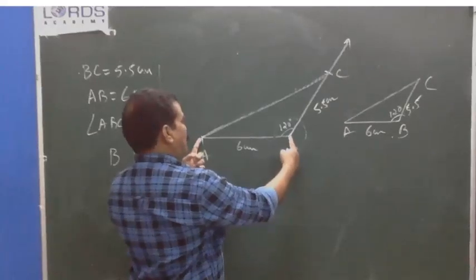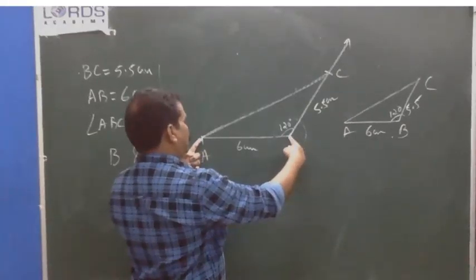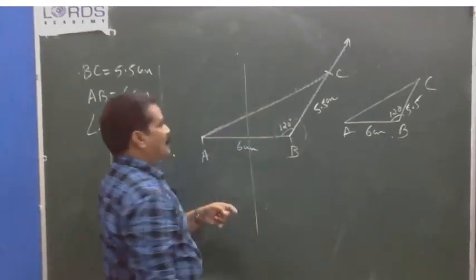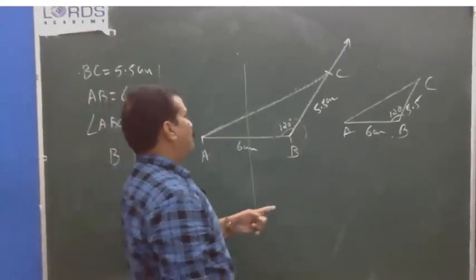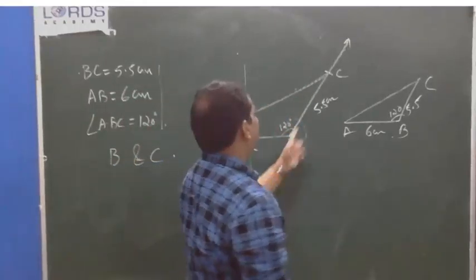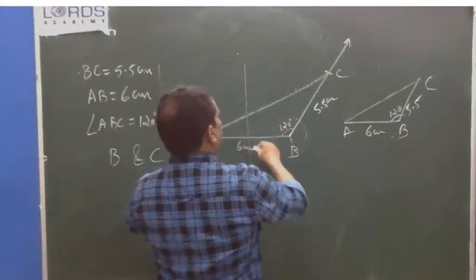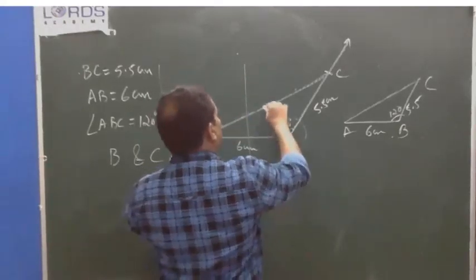You draw the perpendicular bisector of AB like that. Similarly, the perpendicular bisector of AC or BC, you can take any. If it is AC, what will happen?